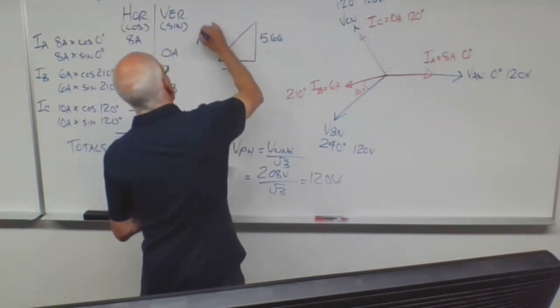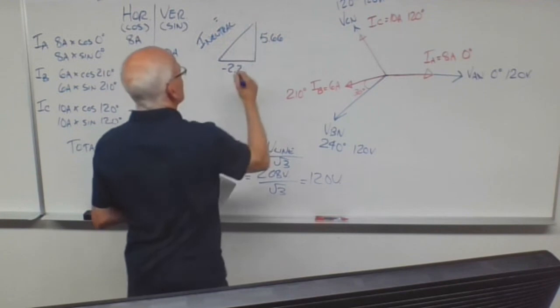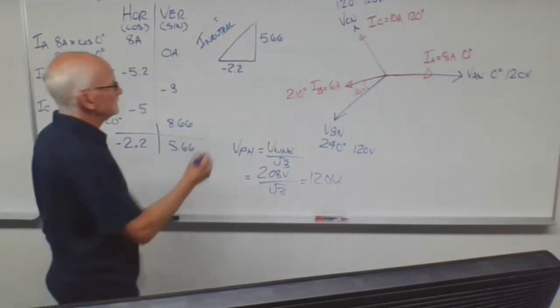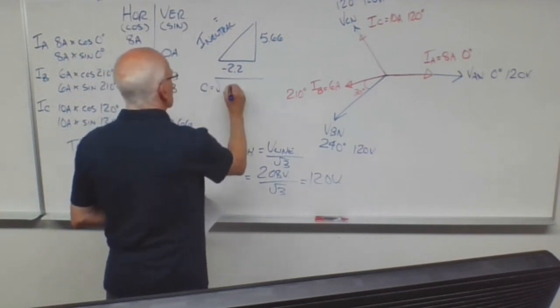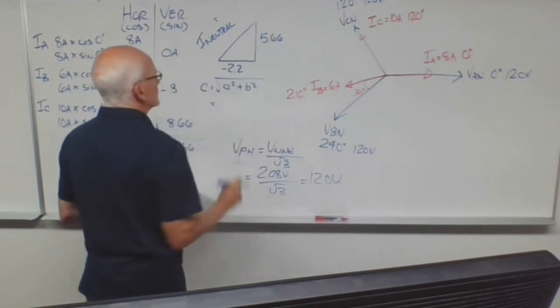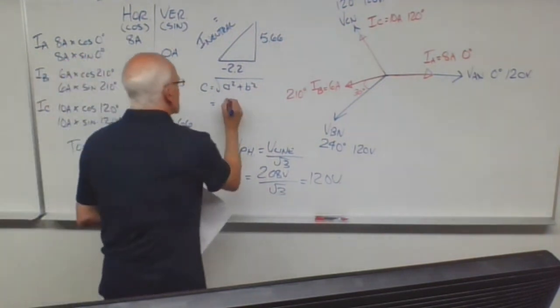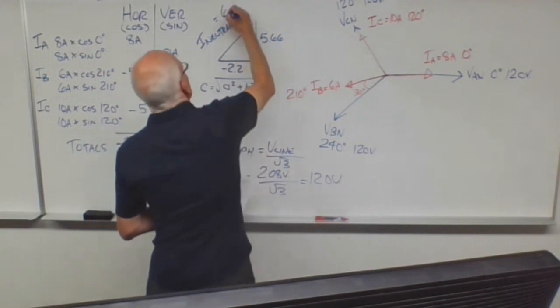And I'm just looking for the hypotenuse of this triangle. So it's just Pythagoras' theorem. Our hypotenuse C is going to be the square root of a squared plus b squared. Do that on your calculator. What you should come up with for a neutral current is 6.07 amps.